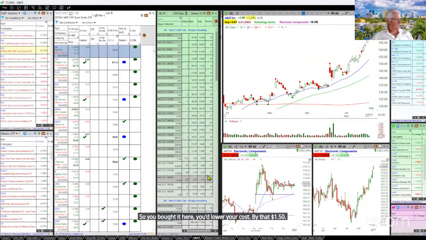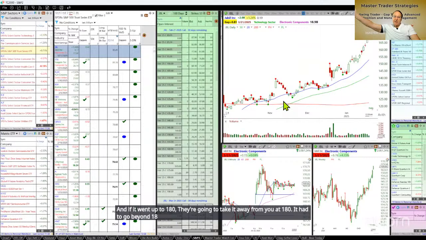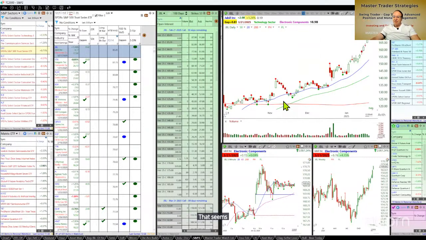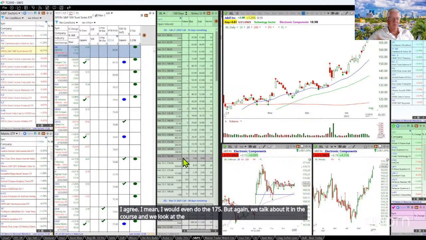And if it went up to 180, they're going to take it away from you at 180. It would have to go beyond $180. That seems like a pretty good deal for 30 days. I would even do the 175s, but again, we talk about it in the course and we look at the risk graph, which one's better. It depends on what the stock's going to do, and which one's going to pay you more at the end of the month.